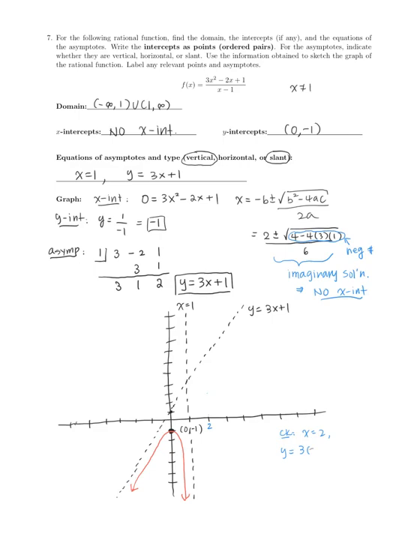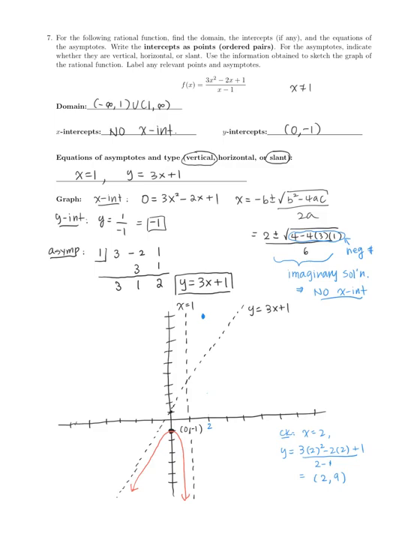3 times 2 squared minus 2 times 2 plus 1, all over 2 minus 1, which is 1. So when x is 2, the top is what? Maybe 9. Okay, so (2, 9): 1, 2, 3, 4, 5, 6, 7, 8, 9. So your graph is going to be up here, and it's going to touch that point.